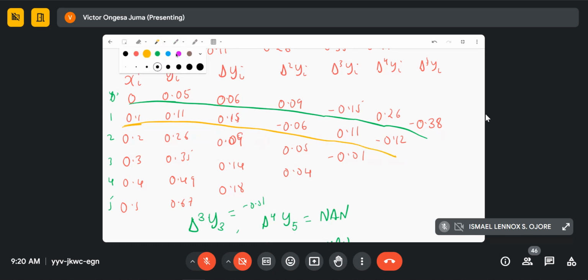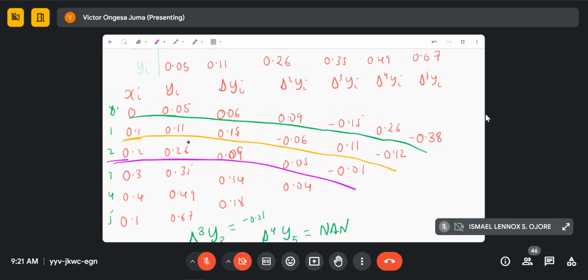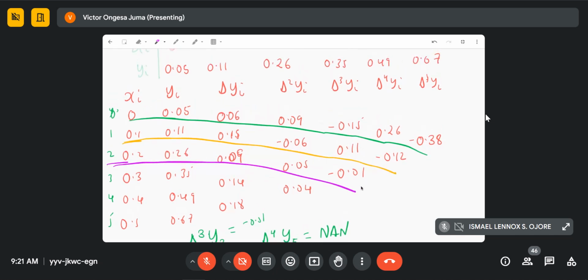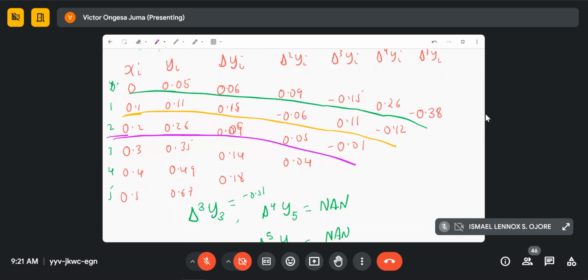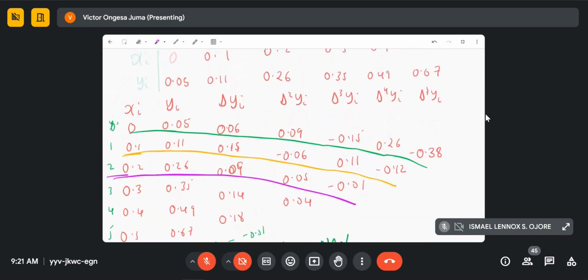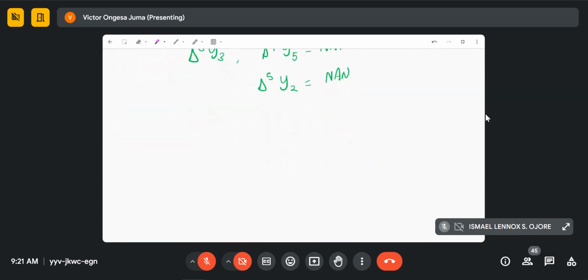If somebody is asking about y2, then you follow this. So for example, if I want the delta cubed of y2, then it's here. But delta 4 of y2, I don't have it. It does not exist. So this is just horizontal. Once you draw the arrows, then you can find all the possible values you want. Until this point, is there any question?